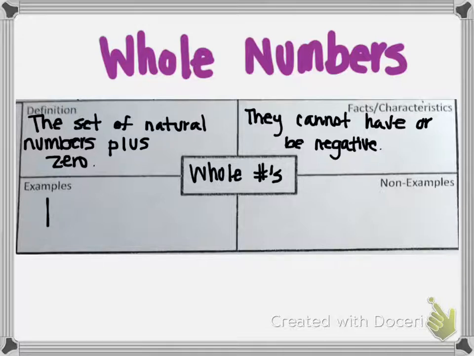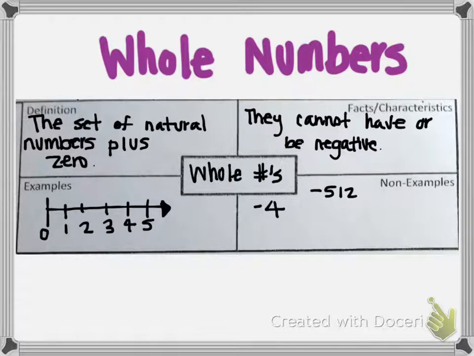Whole numbers basically include from 0 to the right: 1, 2, 3, 4, 5, and that arrow pointing that way means on and on and on. Some non-examples are negative 4, negative 512, negative 2, because those are not whole numbers, and also something like 1/2. A fraction is not a whole number.